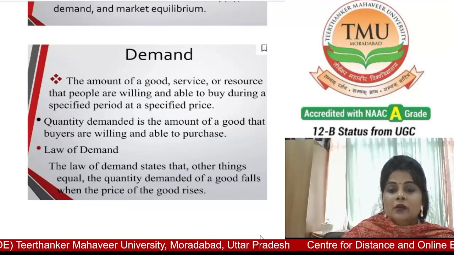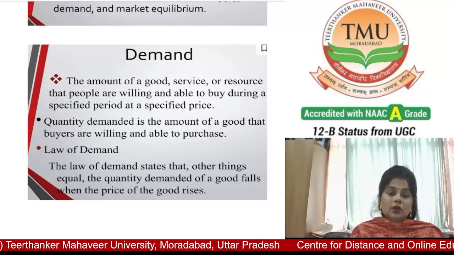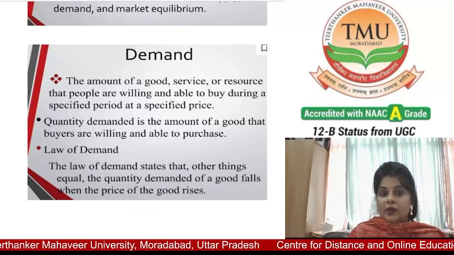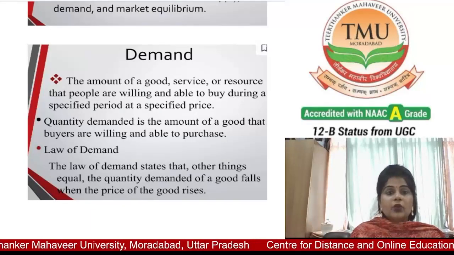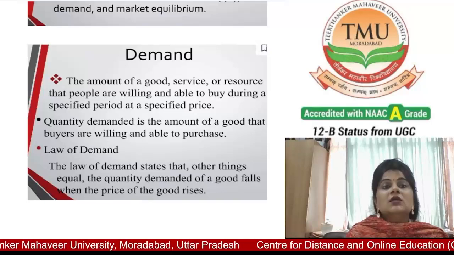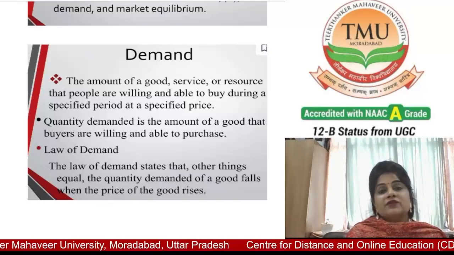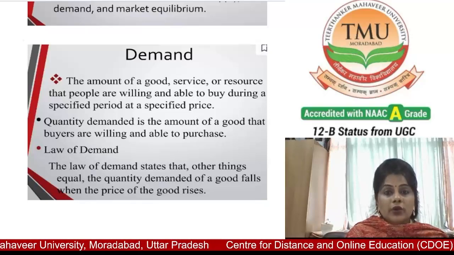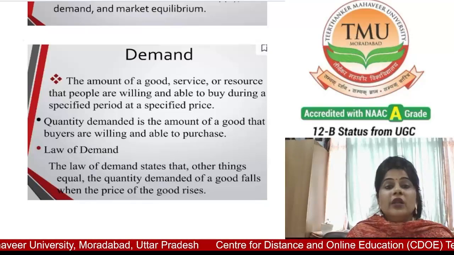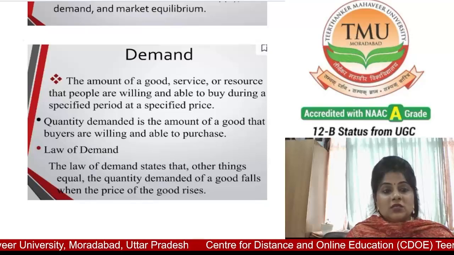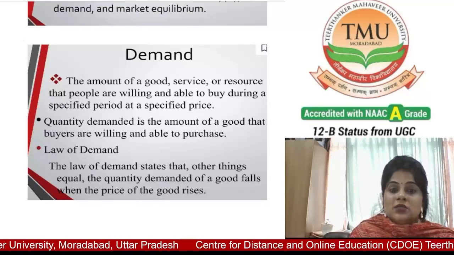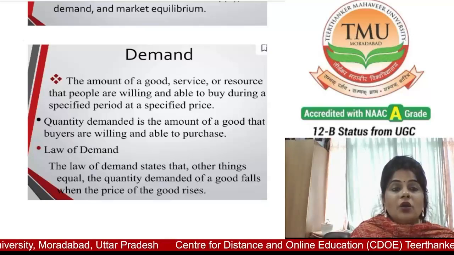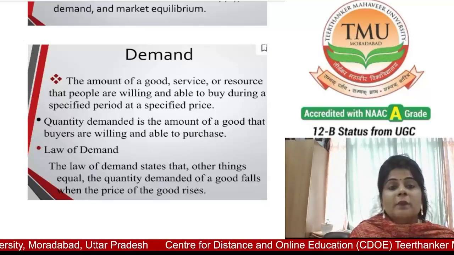Now demand is the amount of a good, service, or resource that people are willing and able to buy during a specified time at a specified price. Quantity demanded is the amount of a good that buyers are willing and able to purchase. The law of demand states that, other things equal, the quantity demanded of a good falls when the price of the good rises.